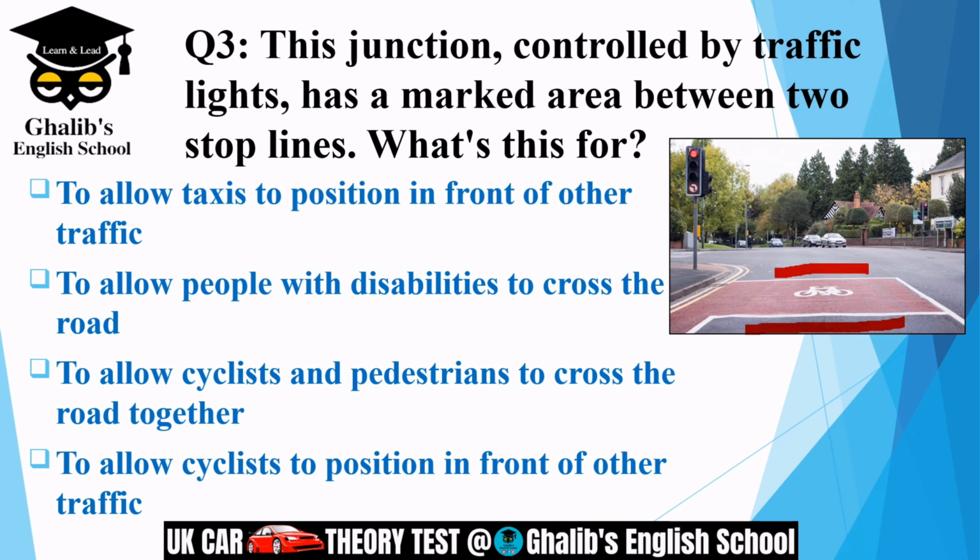To allow taxis to position in front of other traffic, to allow people with disabilities to cross the road, to allow cyclists and pedestrians to cross the road together, to allow cyclists to position in front of other traffic. So the correct option is number 4, that this marking is to allow cyclists to position in front of other traffic. So once this red light changes, then cyclists will move on and you have to follow them.